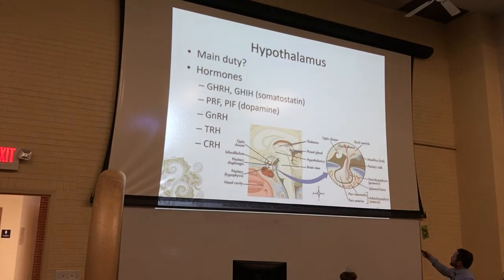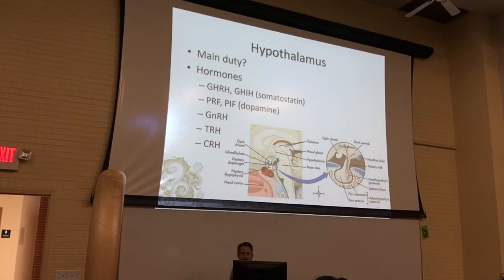Magnified view here, hypothalamus up here, and the pituitary gland right here. You can see the neuronal tracts that extend from the hypothalamus into the posterior pituitary that's responsible for oxytocin and vasopressin, or antidiuretic hormone. Two words for the same compound. And then our anterior pituitary up front.